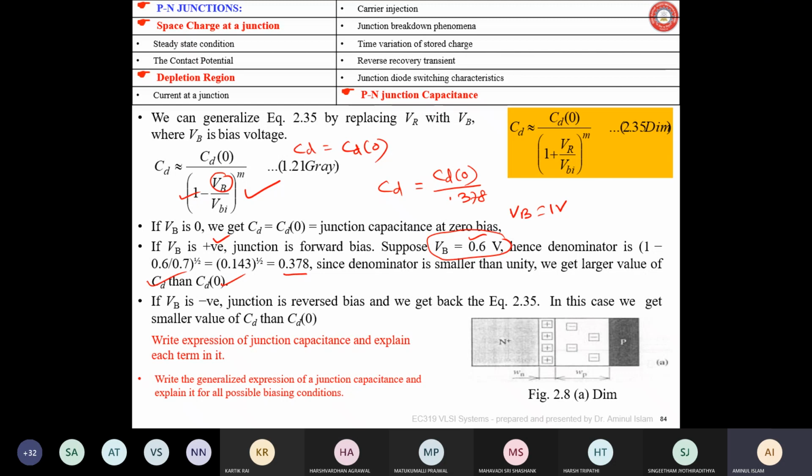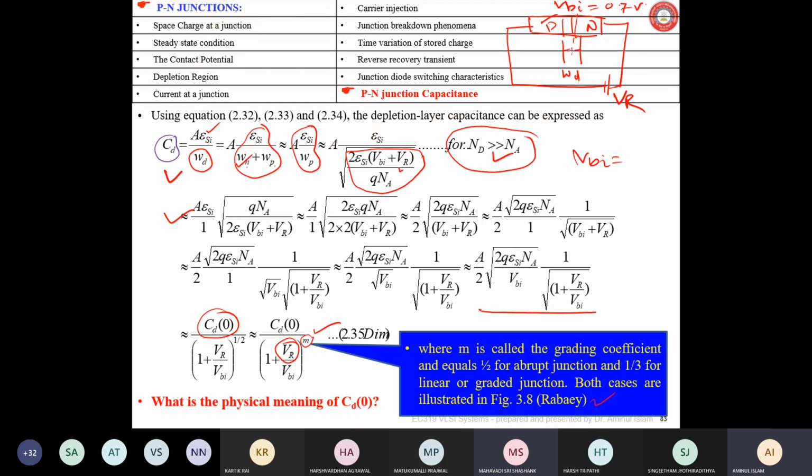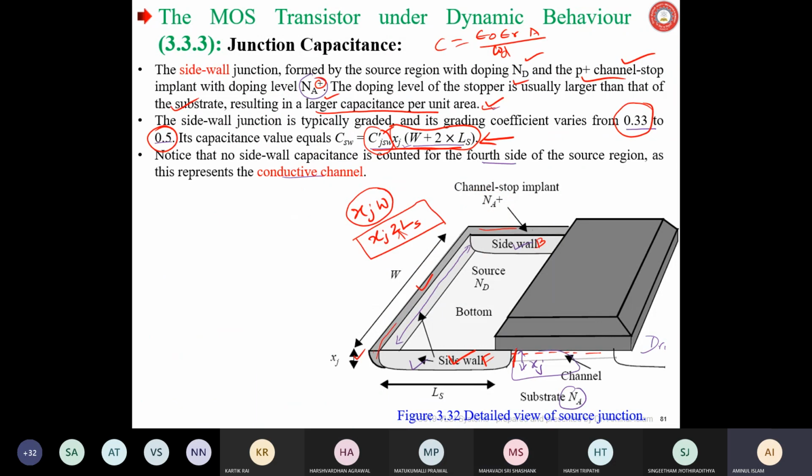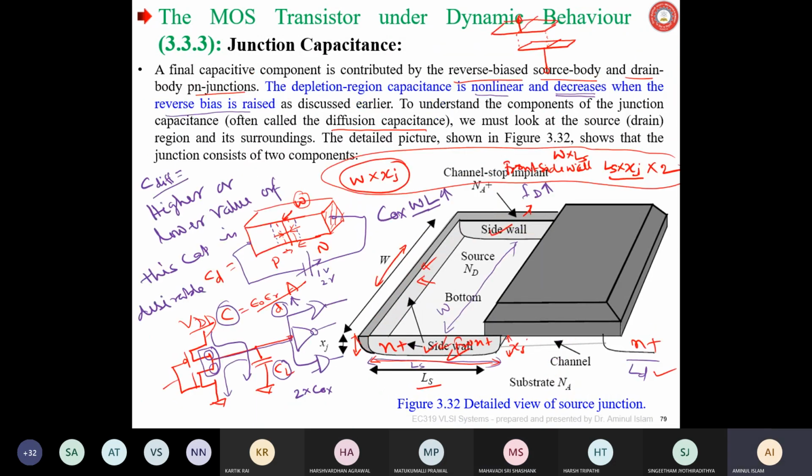Should we apply this much voltage in case of your MOSFET? I'm talking about MOSFET. No, sir. Why? It would be forward biased. Yes, it would be forward biased and transistor action will be lost.